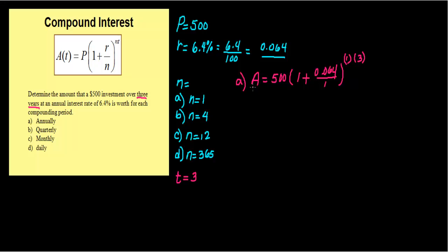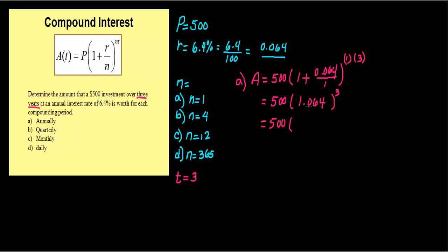Okay? Now be careful. In your calculator, the first thing you do is you work with your parentheses. You do what's in the parentheses first, and it says 1 plus 0.064, so that will equal 1.064, and then raised to the 1 times 3 power, which is 3. Okay? The next thing you do in your calculator is you take 1.064 and you raise it to the 3rd power.